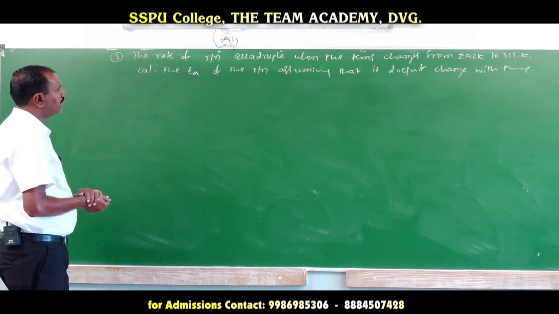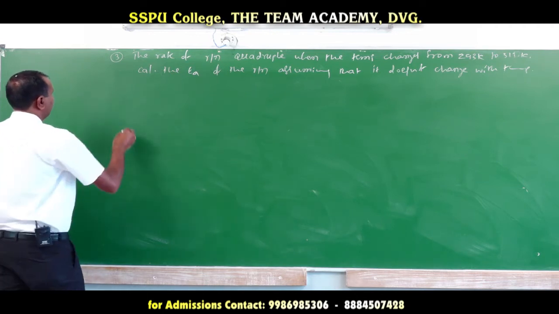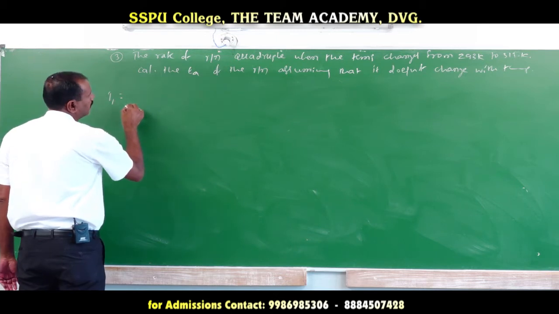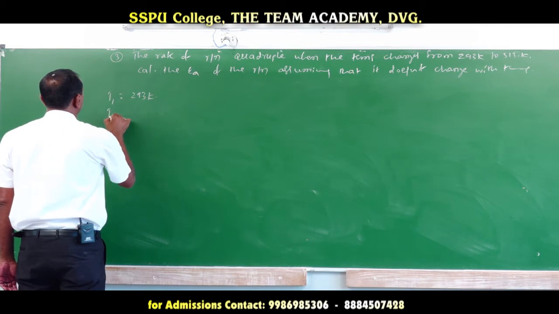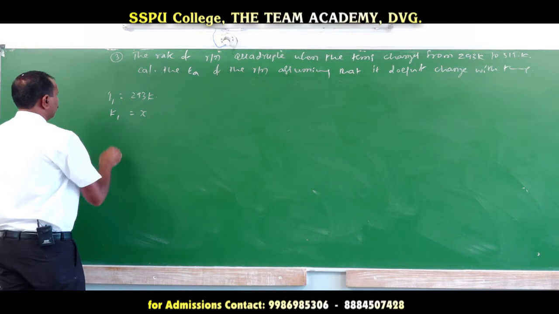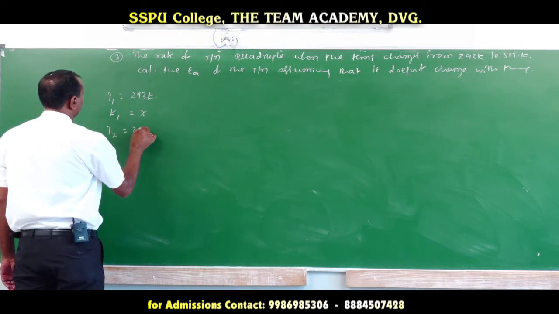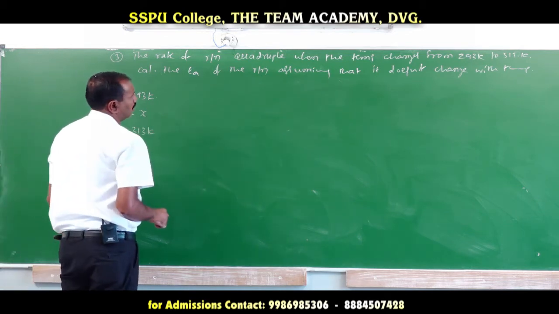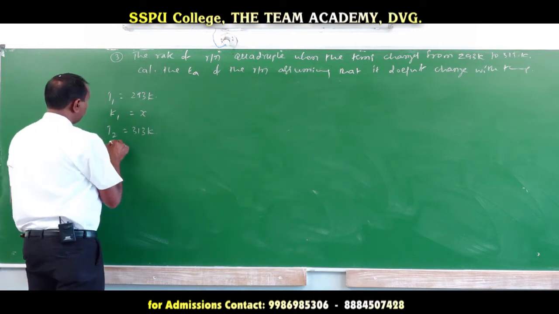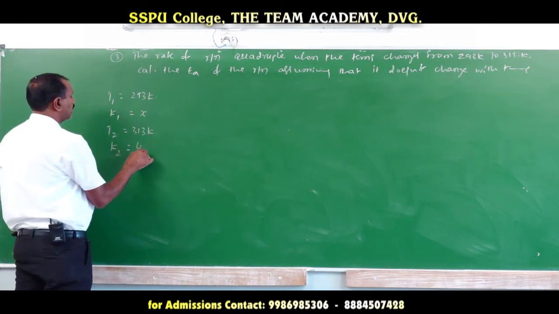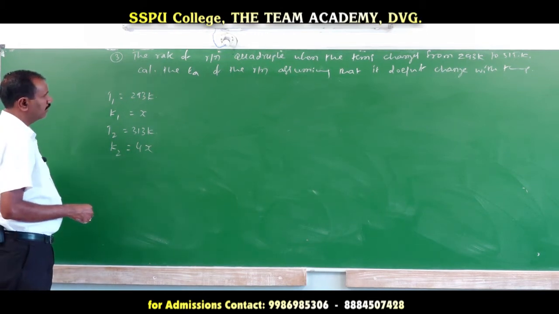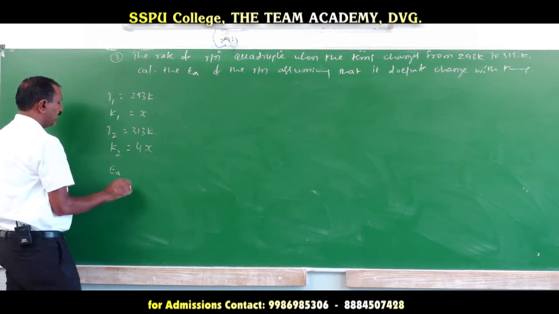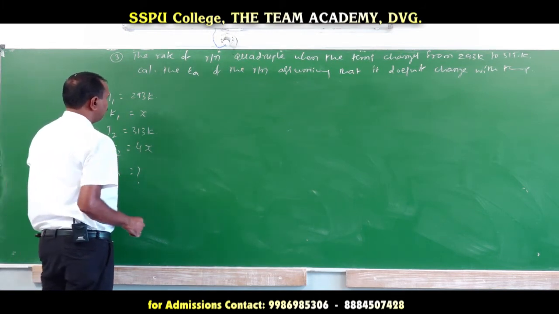When the temperature T1 is 293, the rate constant K1 may be X. When the temperature increases up to 313 Kelvin, the rate constant becomes quadrupled, meaning 4 times the rate constant will increase. So I have to find out the value of EA. How to calculate the value of EA?